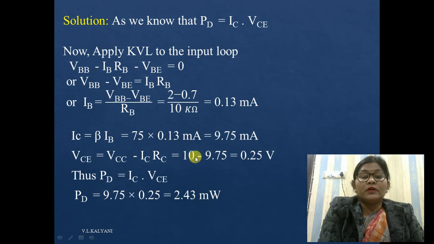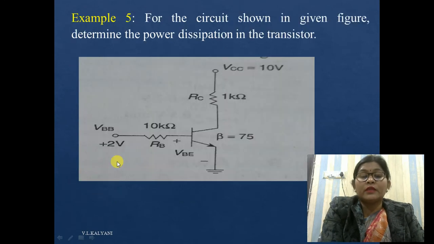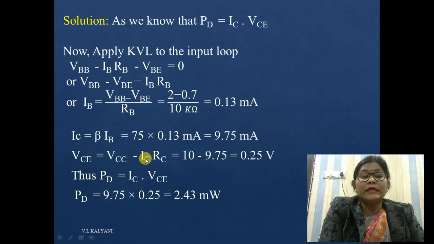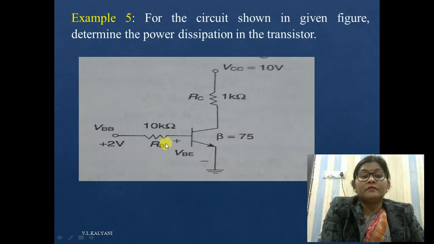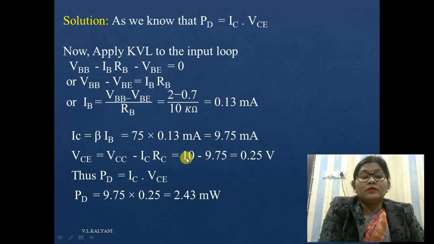So this is equal to VCC, given over here, 10 volt, minus IC, this is 9.75 milliampere, into RC, which is this one, 1 kilo ohm. So the VCE is equal to 0.25 volt.